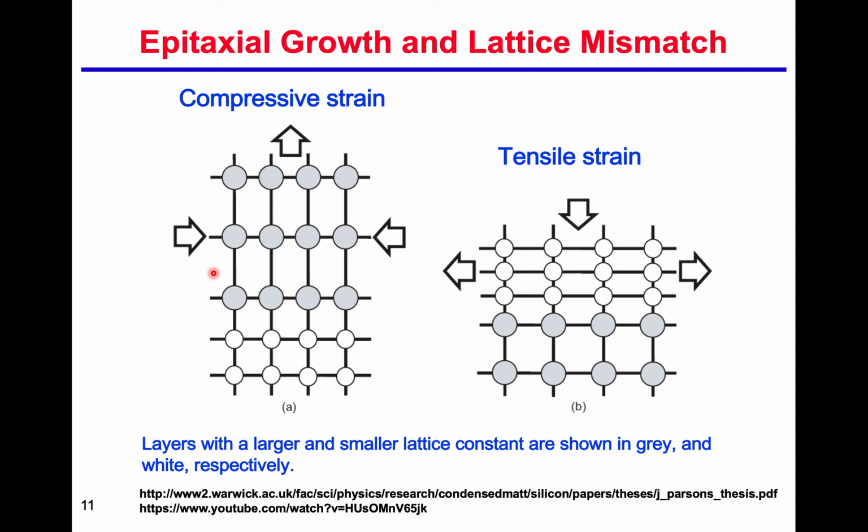If the material grown upon the substrate has a larger lattice constant, the epitaxial layer will experience compressive strain. On the other hand, if the lattice constant is smaller than the substrate, then it will feel tensile strain. So both strains are not so good in terms of epitaxial growth.